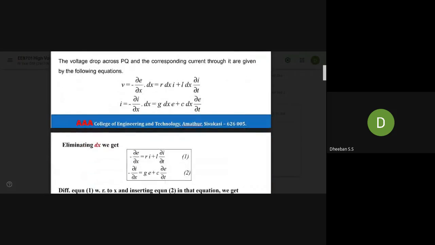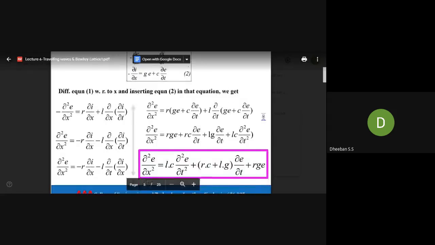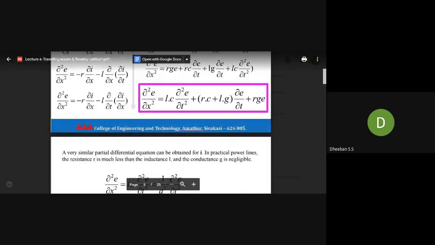Here it is a partial derivative. The change in voltage with respect to distance is given. We'll be getting these two equations, and then they will be manipulating them to get the solution.